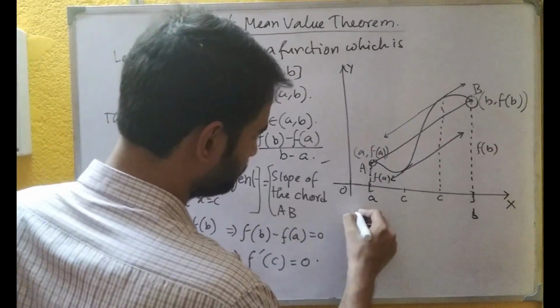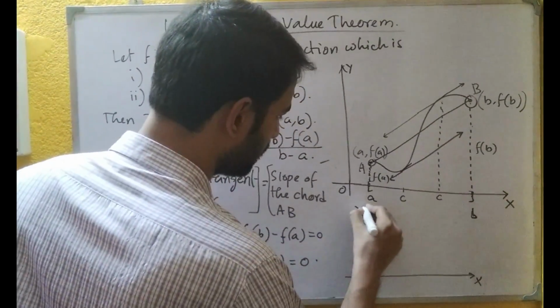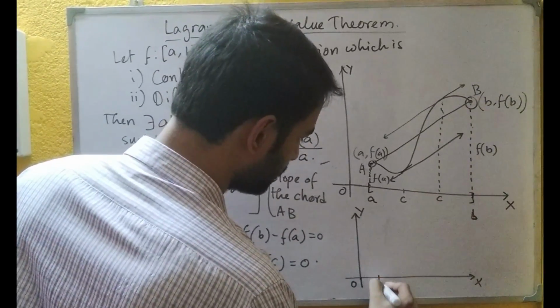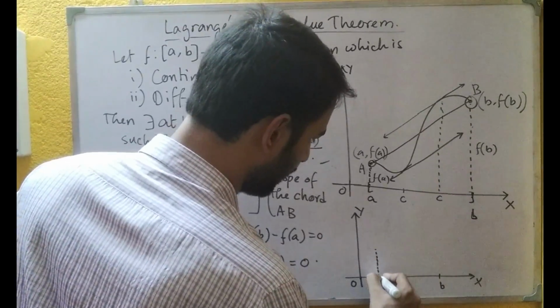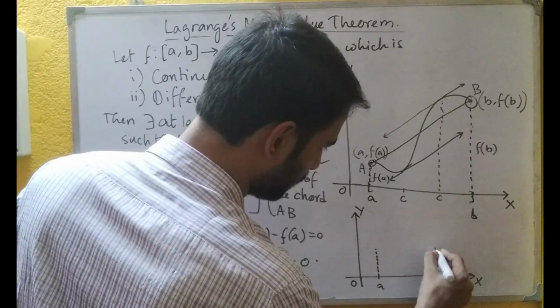Also see, if this condition is imposed, then the graph of the function is also saying the same thing. See here, this point is A and this point is B, and suppose this height is f(a), and we are getting the same height at the point B also.